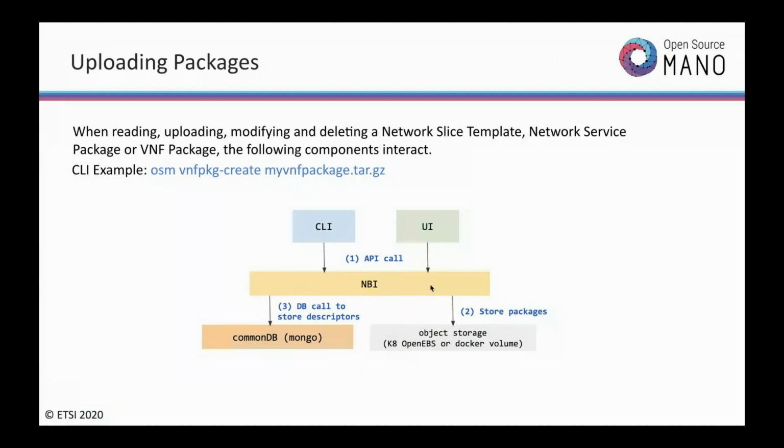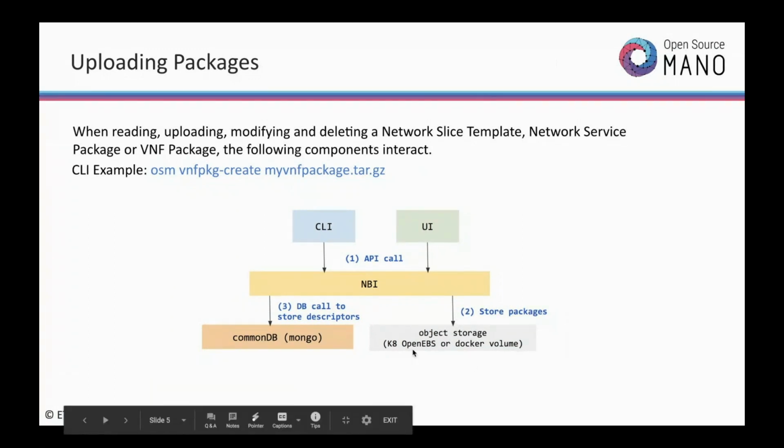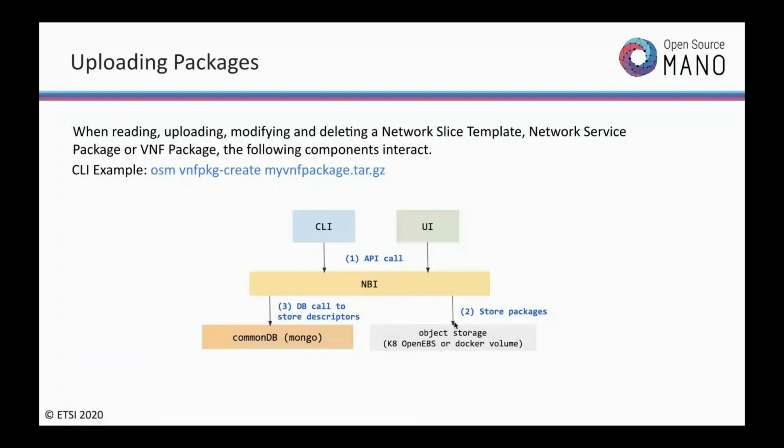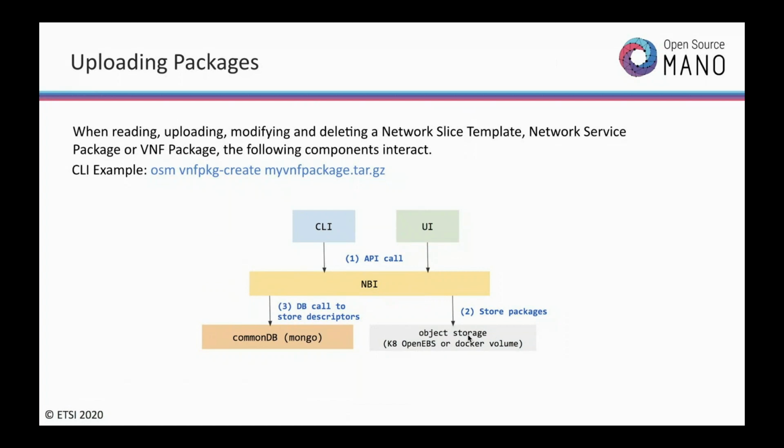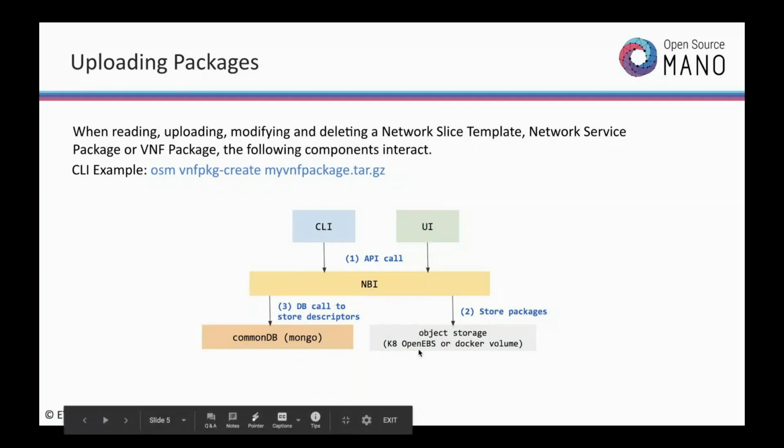NBI then translates that call to a package storage in the given storage that we have, depending on the installation. So this would be a local file system, a Docker volume, any storage backend provided by Kubernetes, or it will depend on the installation of the OSM environment that you have.